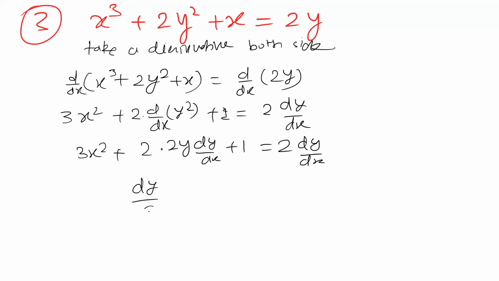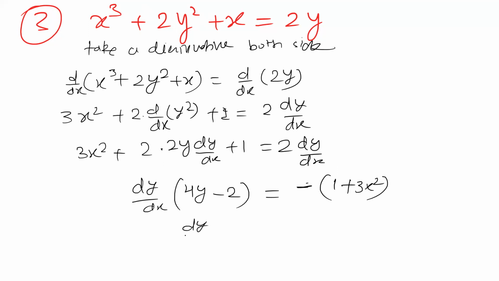So dy by dx, here we are collecting the term dy by dx, there are (4y minus 2) equal to minus 1 plus 3x square. Then dy by dx is equal to (minus 1 plus 3x square) by (4y minus 2).